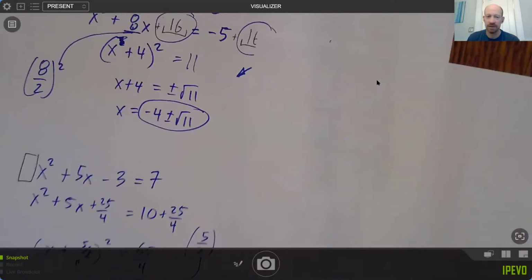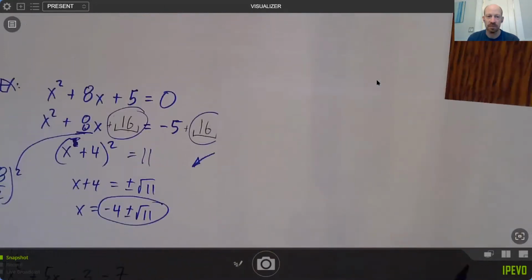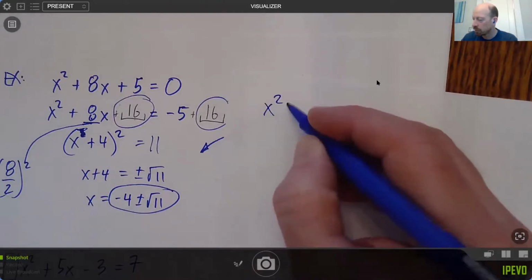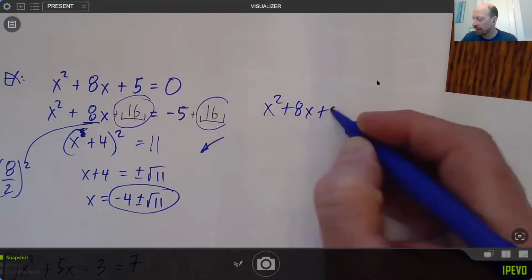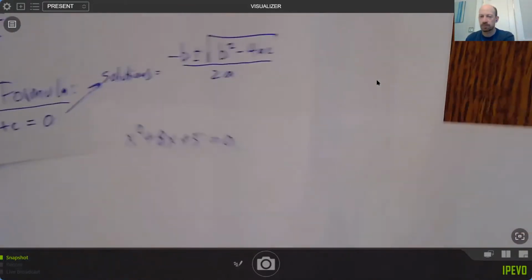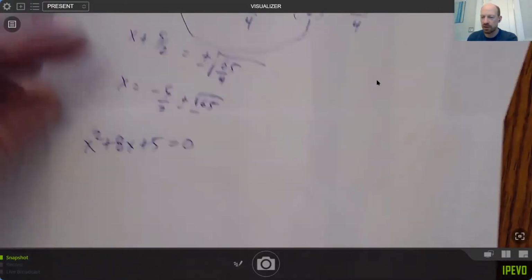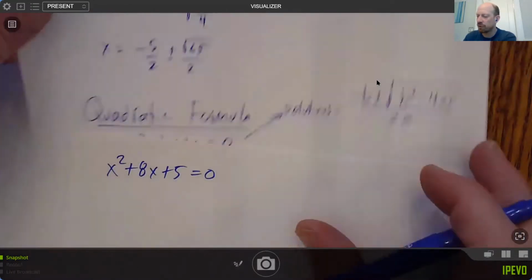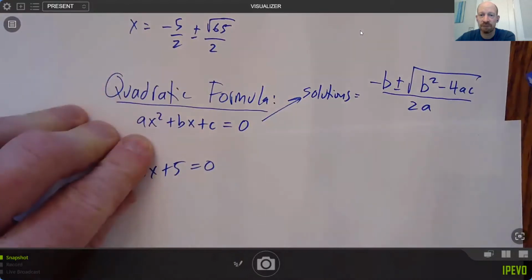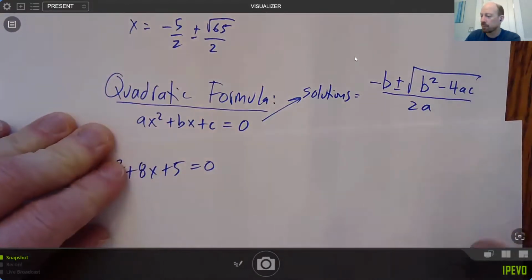Let's go back to this problem here. X squared plus 8x plus 5 equals 0. And let's see what the quadratic formula gives us. We know what the answer is, or should be.